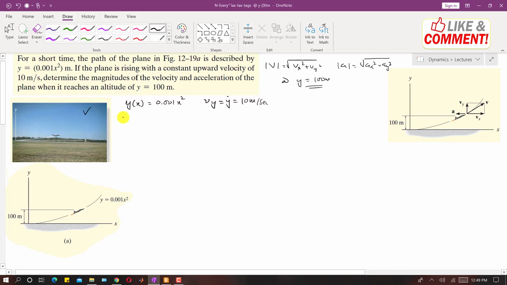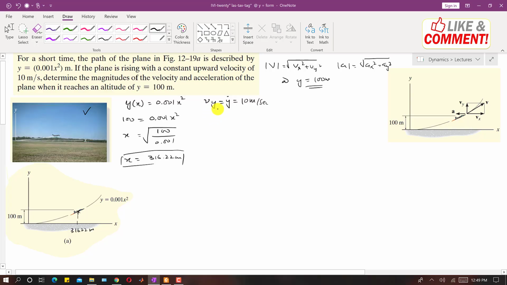When y equals 100 meters, we can find the x coordinate. So x squared will be equal to 100 divided by 0.001, and taking the square root gives us x. So when y is 100, x is 316.22 meters.